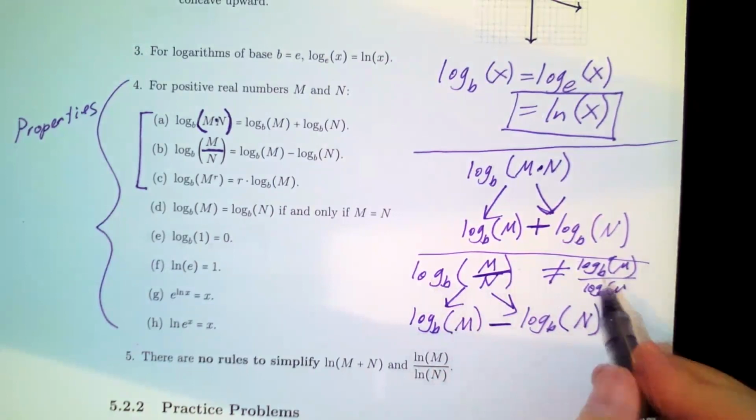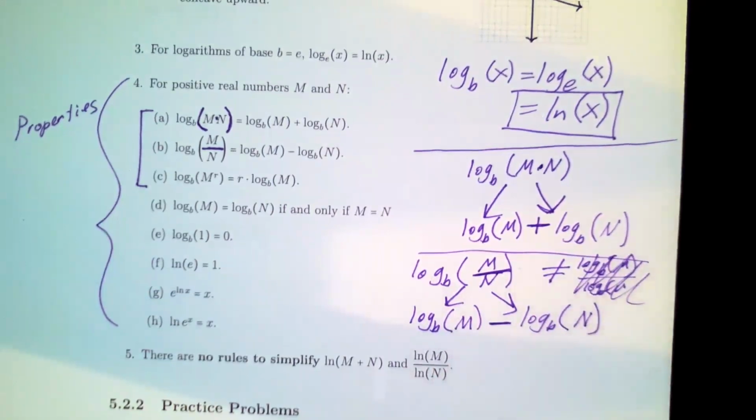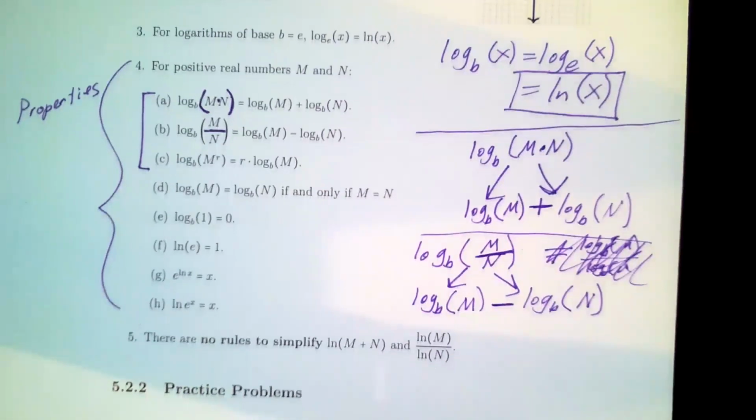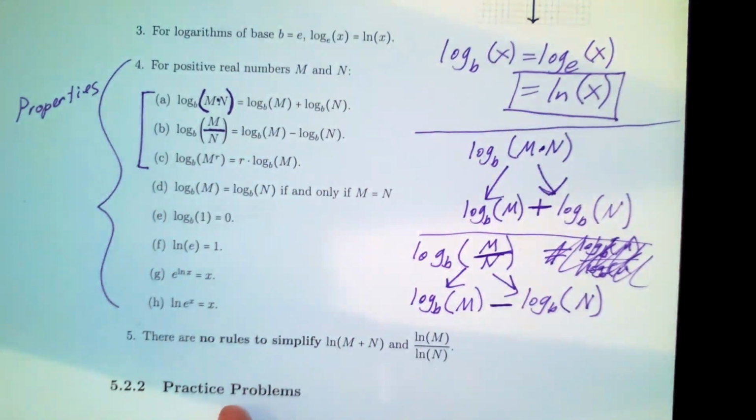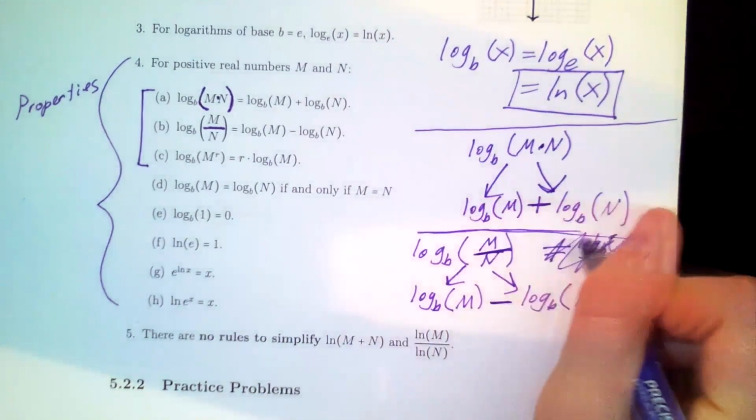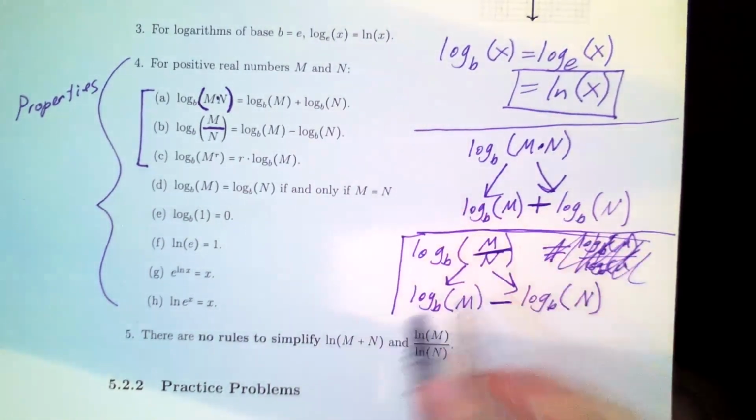That's not how the property works, unfortunately, even though that is algebraically consistent with what we are generally used to. So we practice these properties today because they're a little bit weird and they take some getting used to. That's why we bothered to review these before carrying on.